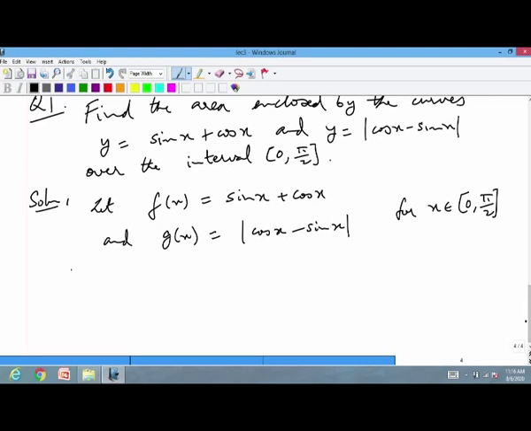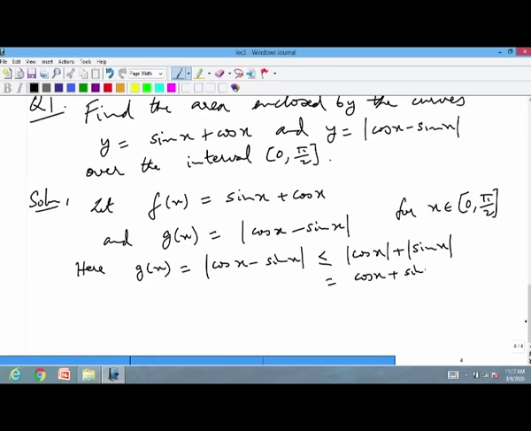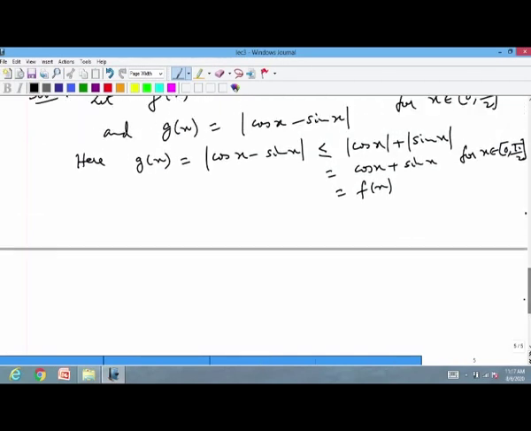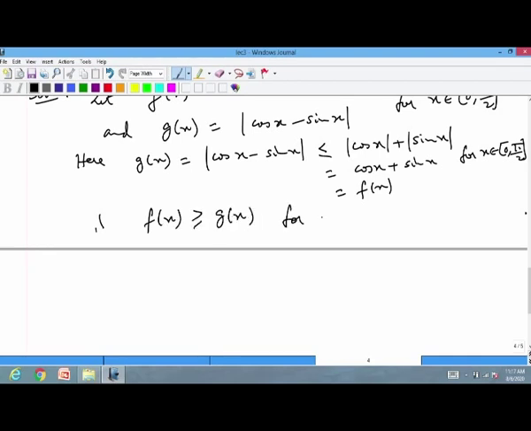So, here note that this g(x), mod cos x minus sin x, is less than or equal to mod of cos x plus mod of sin x, by the triangle inequality, and because x is in 0 to pi by 2, this is equal to cos x plus sin x, which is the same as f(x). So, we have in this case f(x) is greater than or equal to g(x) for x in 0 to pi by 2.